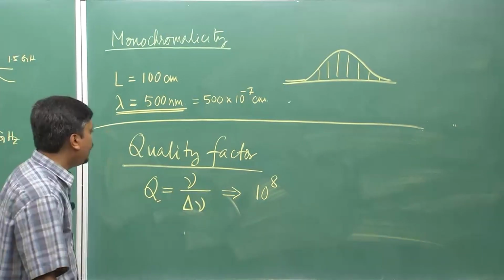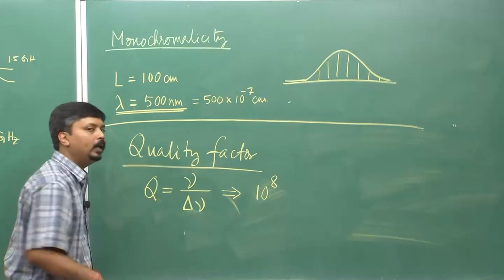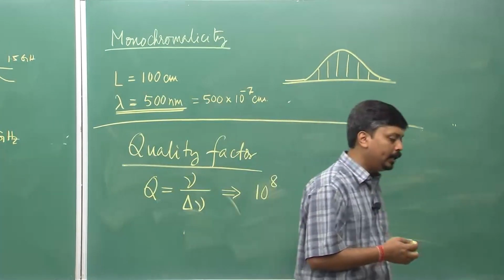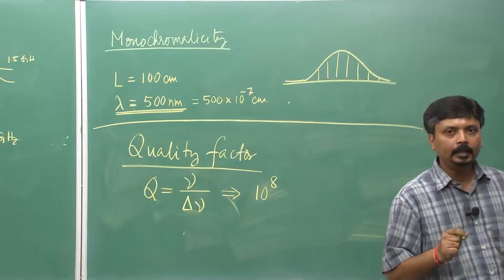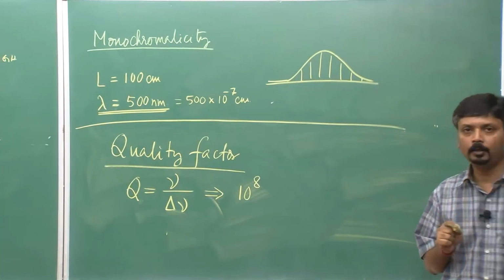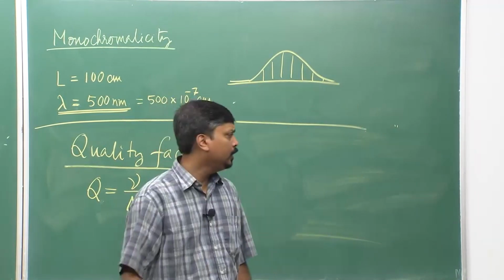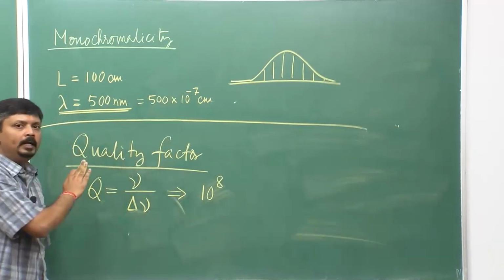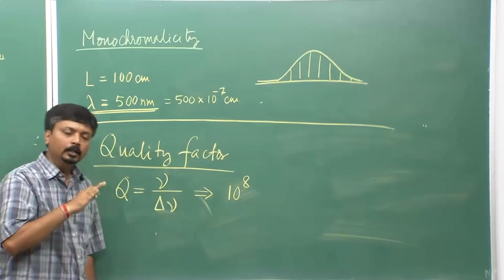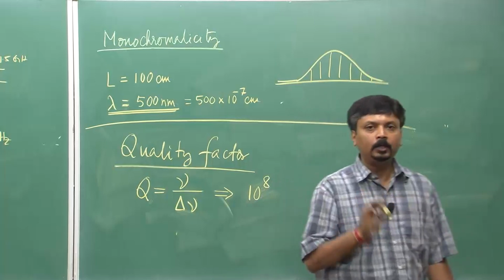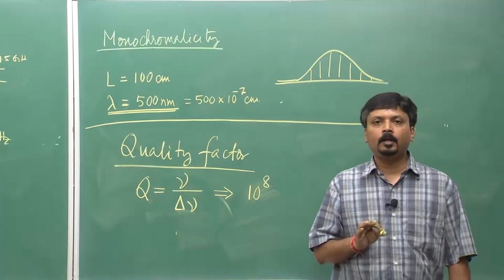And having a high quality factor for a laser is very, very essential, particularly in certain cases like spectroscopy, and precisely high resolution spectroscopy. So this monochromatic property of laser is something which spectroscopists really love.